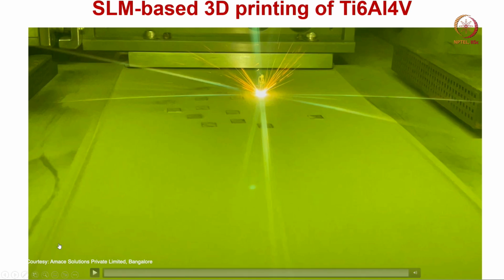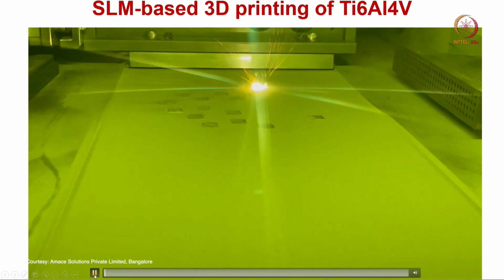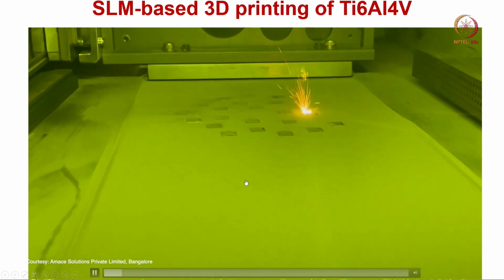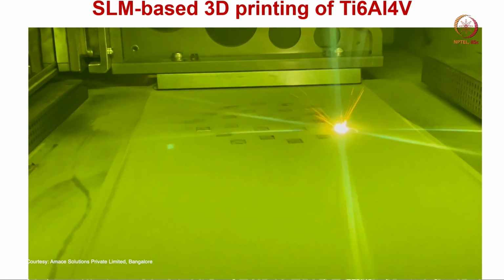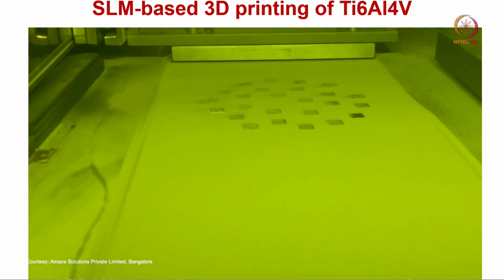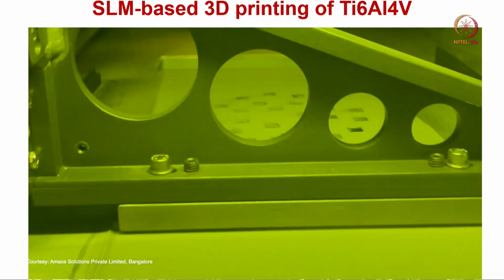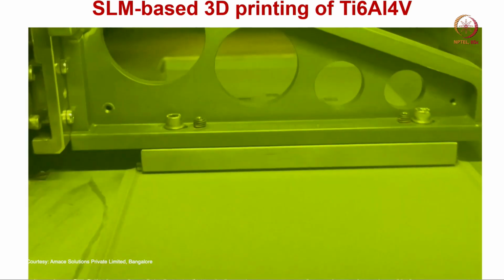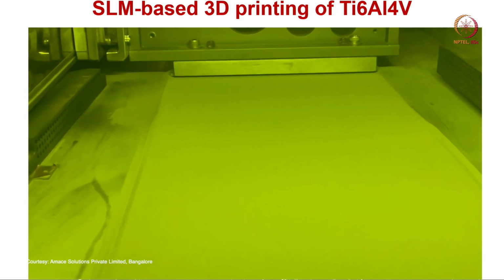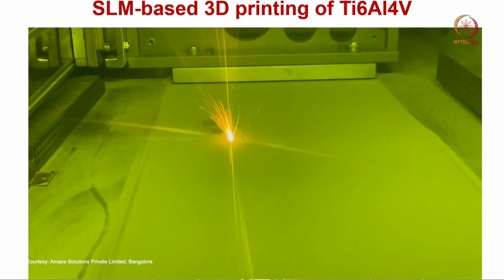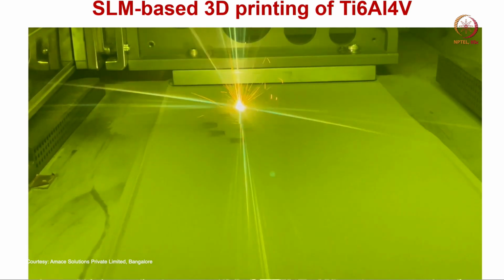This is one of the videos that you can see showing how SLM based 3D printing of titanium-6 aluminum-4 vanadium is taking place in industrial scale production processes. One layer is gone, now another layer will be melted, then solidified on top of the previously solidified layers.